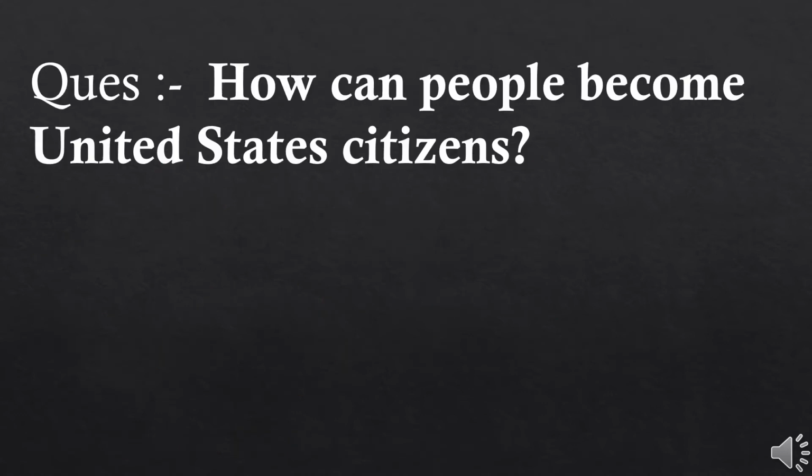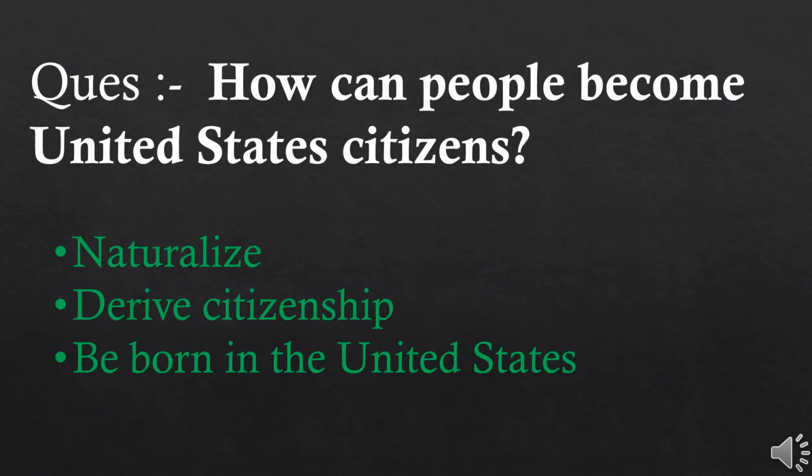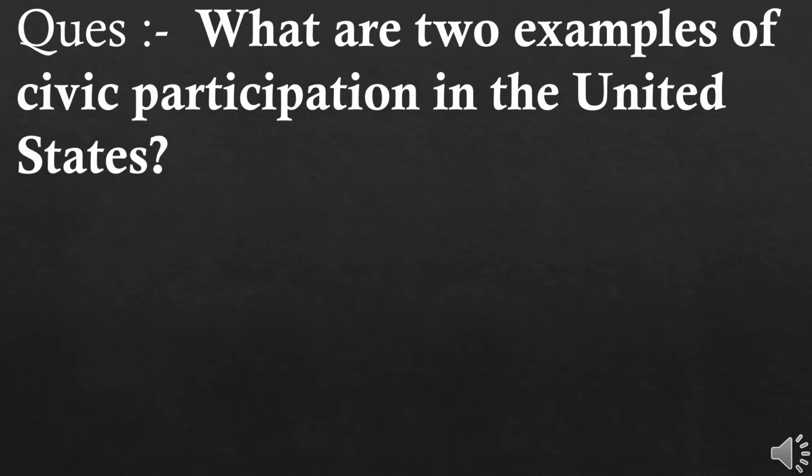Question 68. How can people become United States citizens? Naturalize. Derive citizenship. Be born in the United States. Question 69. What are 2 examples of civic participation in the United States?